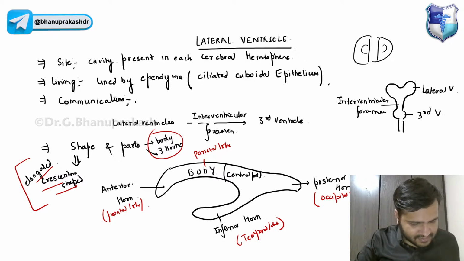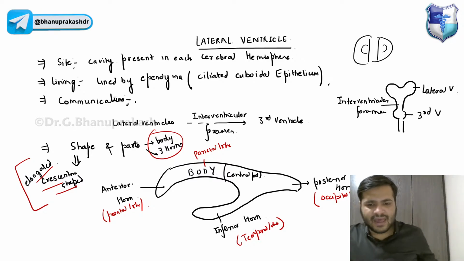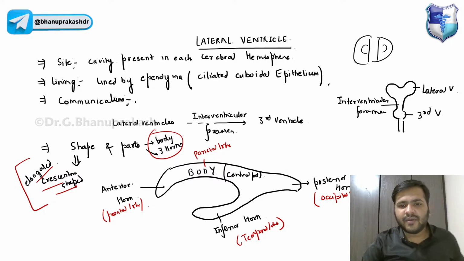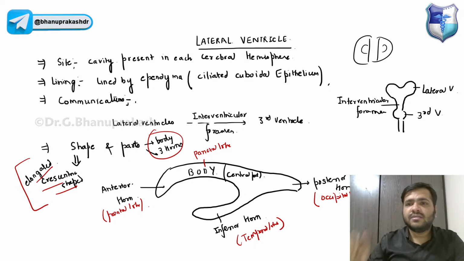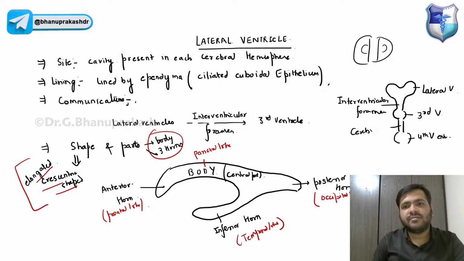Now let us talk about the boundaries and relations, guys. Let me tell you one more thing. The third ventricle basically communicates to the fourth ventricle via the cerebral aqueduct. It is also called the aqueduct of Sylvius.